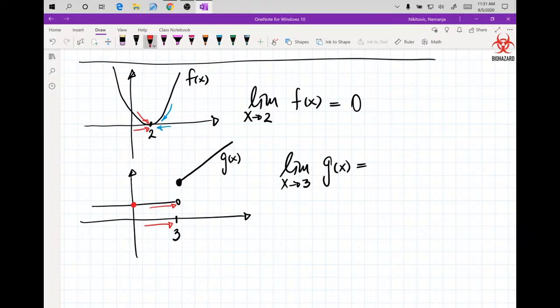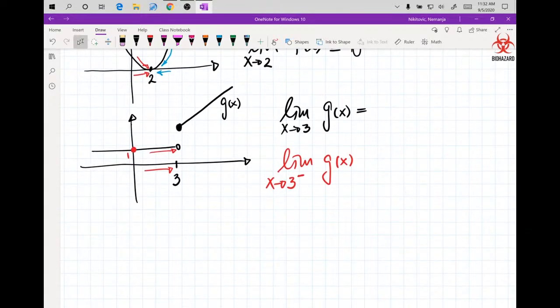Let's call that 1. So limit of g of x when I approach 3 from the left. I should have said before that the notation for approach from the left is this little minus that you put like the exponent of 3. I'm going to write that after this. And the answer for that is 1.